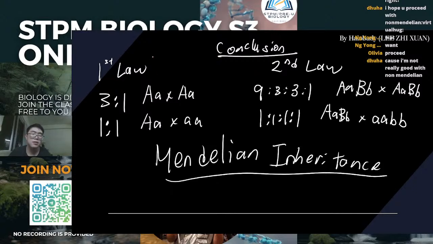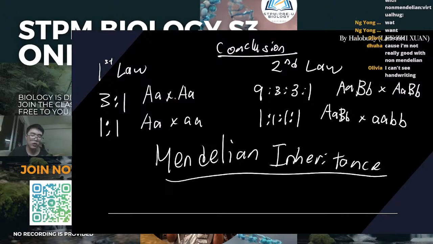No, the answer is no. That is why we have non-Mendelian inheritance. When Mendel published this research to all around the world, scientists around the world made modifications, and then they found that not all types of organisms totally follow Mendel's rules. Not all.